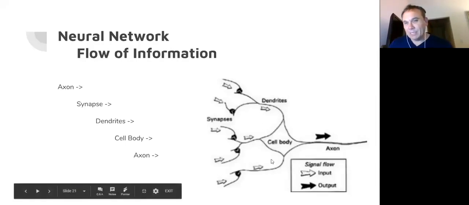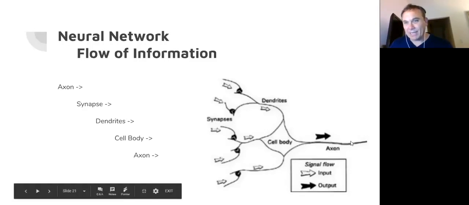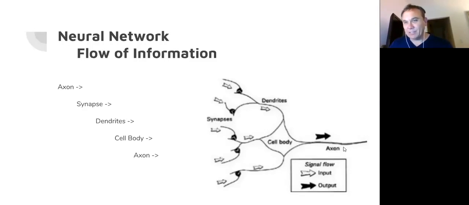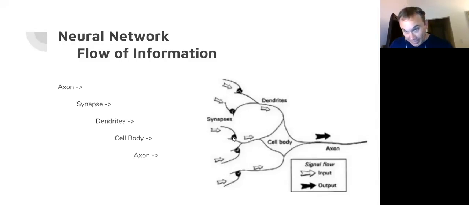Okay, so from a neuron biological sense, we have dendrites coming into our cell body, and then the output of our neuron cell is an axon, which goes to the next neuron, and that's what is coming in here. All these little white arrows are axons from other neurons coming into actually this little piece, which is a synapse.